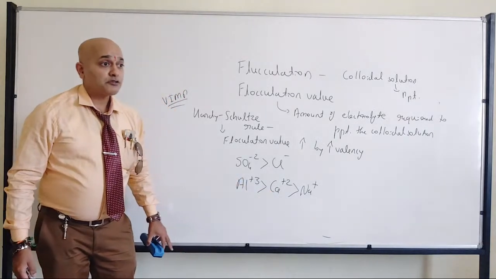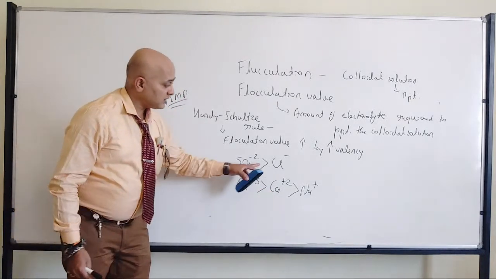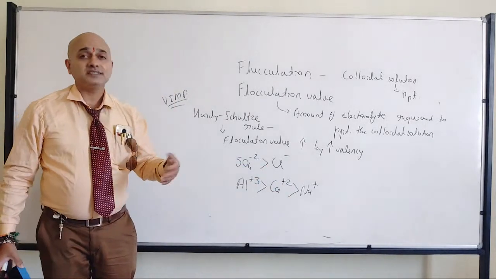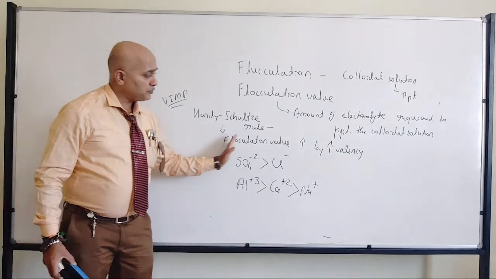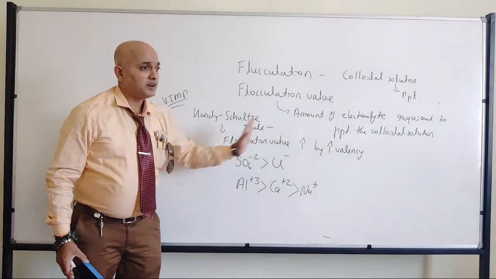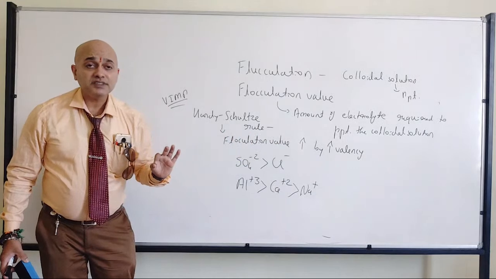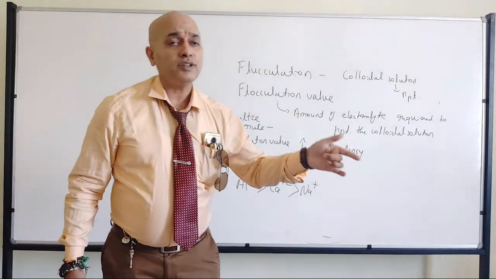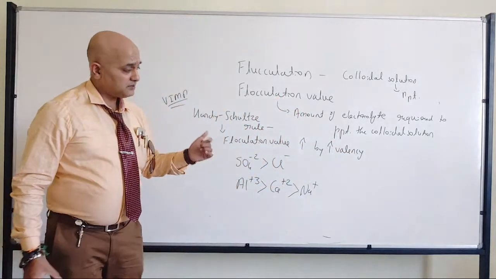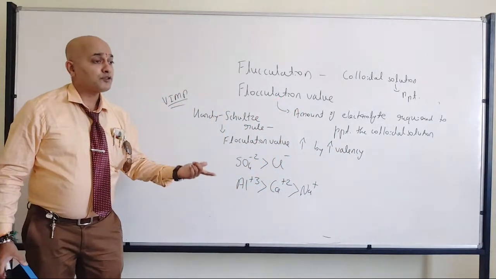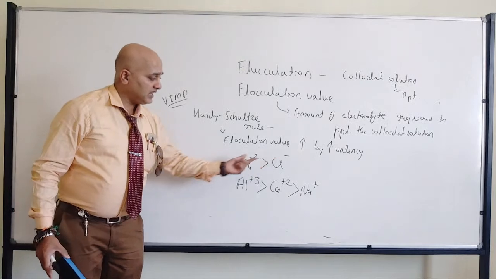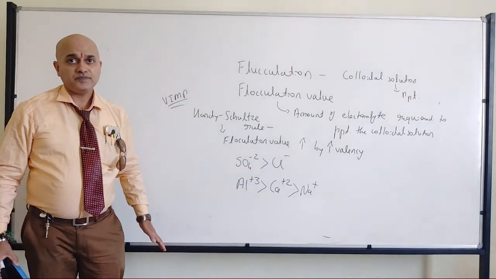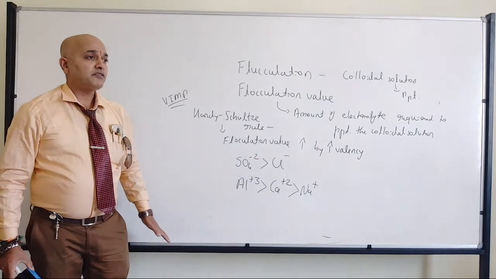You might ask, sir, then why have you written this symbol? That is related to efficiency. Efficiency with respect to bringing about flocculation decreases as you move in the rightward direction. All of you have understood?